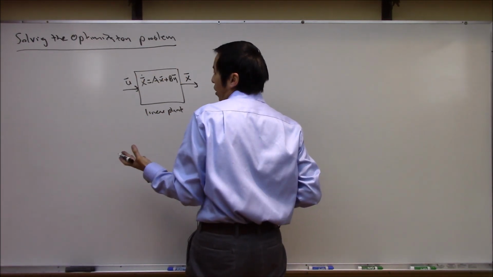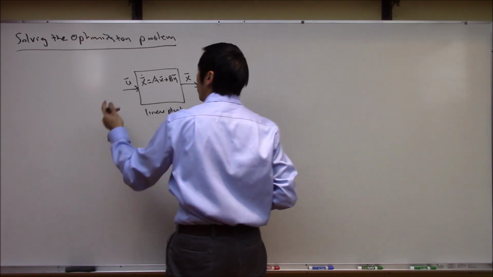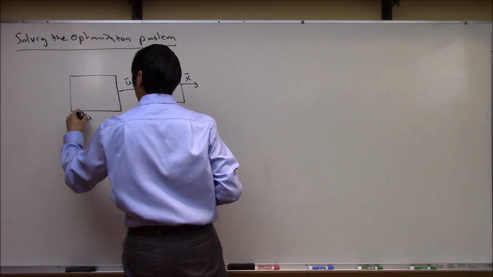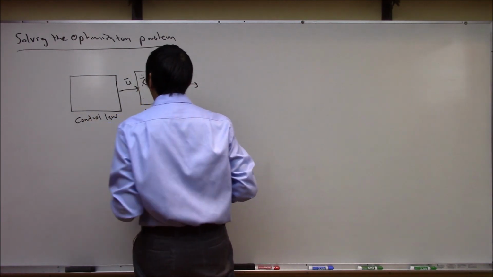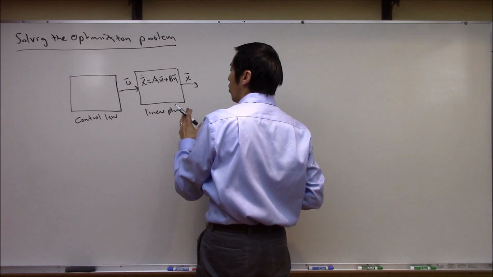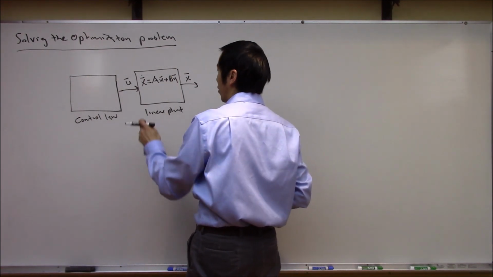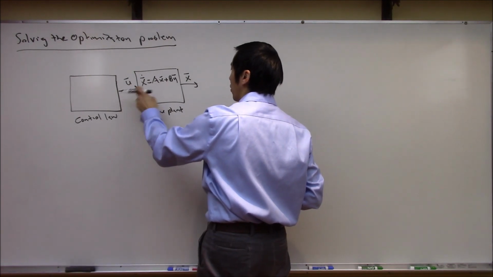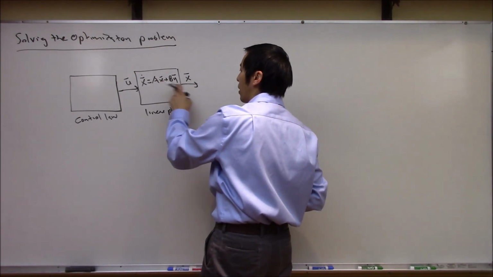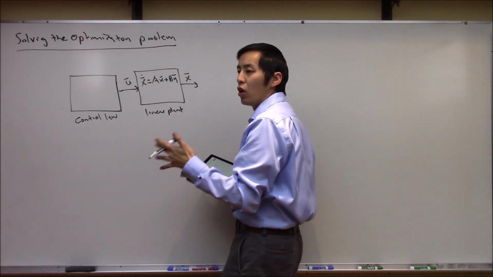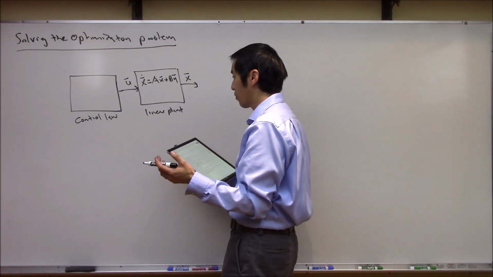And now what I want to do is find a control law u which is going to make this whole system optimal. So I'm going to choose a u so that, by the time I look at the combination of u and x in that cost function, it stays small according to the cost function that we set up.